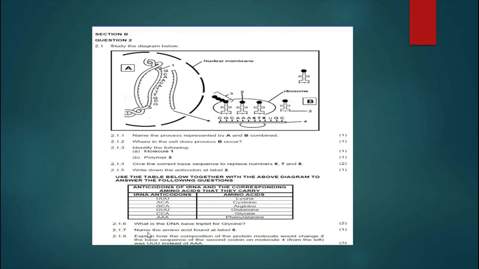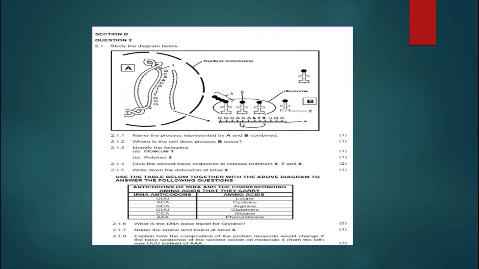Now let's look at the next question. Name the amino acid found at label 5. At label 5, we have tRNA. The base triplet for tRNA is unknown, but we know that it pairs with the base triplet on mRNA, which is AAA.